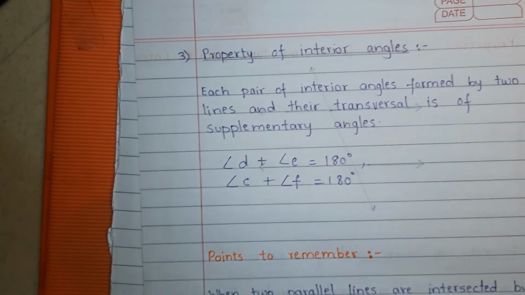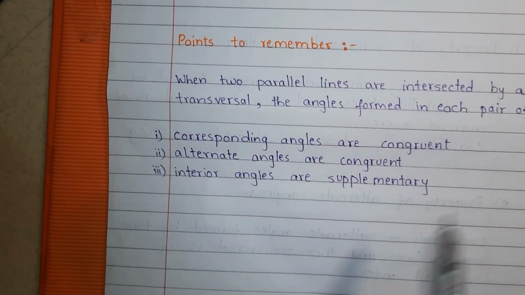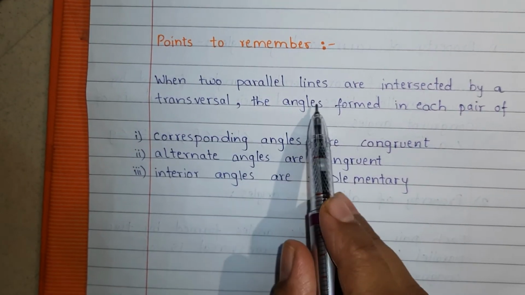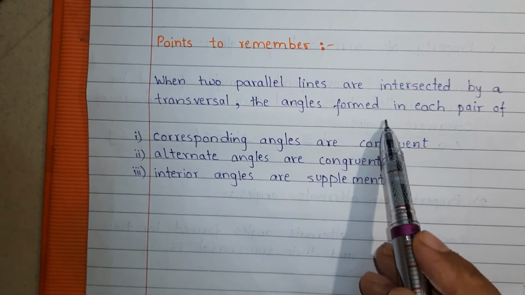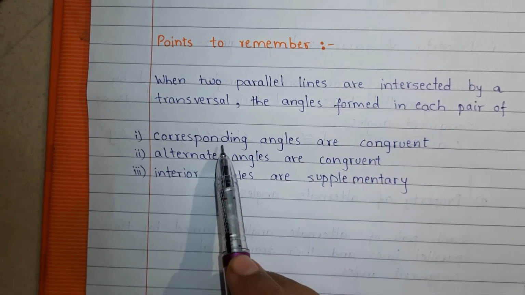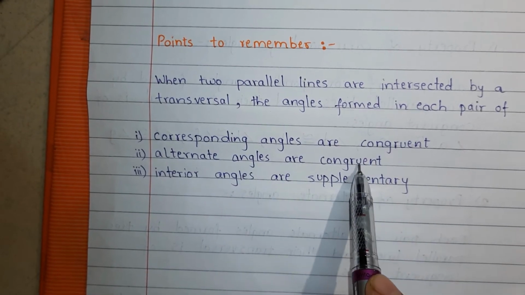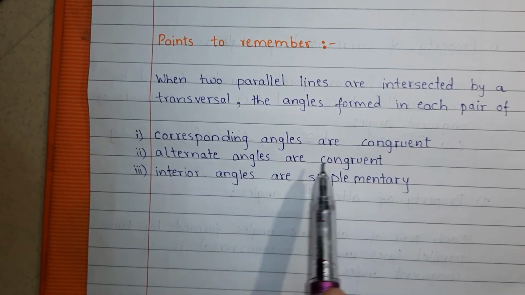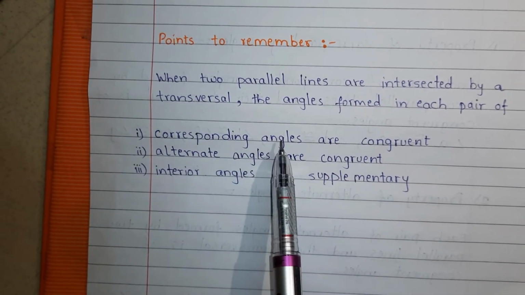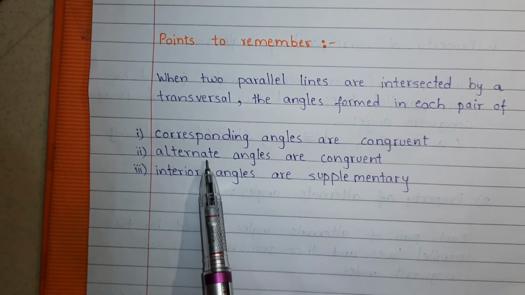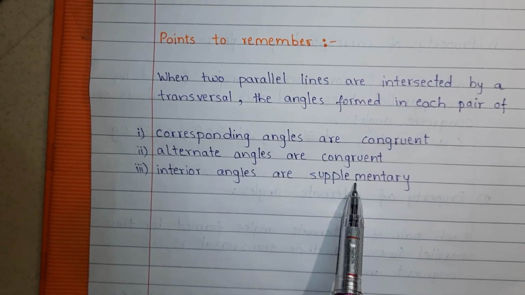This is the property of interior angles. So what we should remember? When two parallel lines are intersected by a transversal, corresponding angles are congruent, alternate angles are congruent, interior angles are supplementary. Again I will repeat. Corresponding angles congruent, alternate angles congruent, interior angles supplementary.